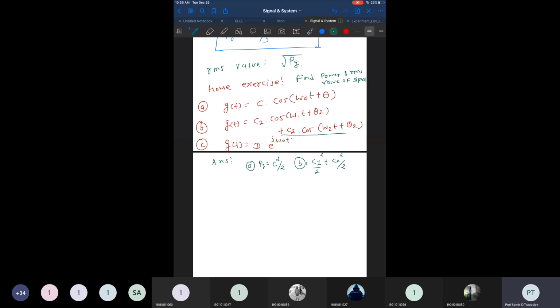This is again a power. So RMS value is simply the square root. I am not writing here. Okay, let me write. So it becomes c square by 2, like that, and the same for here. And the answer of C is the absolute value of D. Right? So this is the power of the first, second, and third signals. You can note it down.